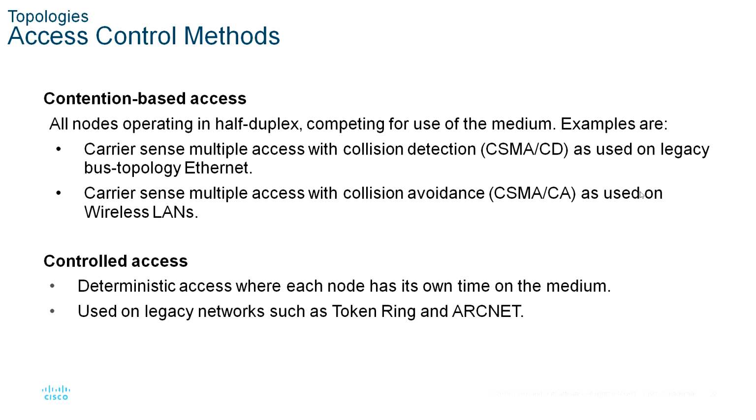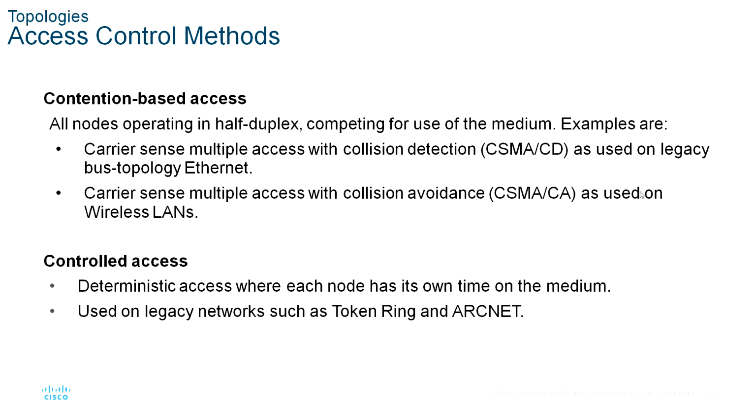Now you can see the first one, contention-based access. In contention-based multi-access networks, all nodes are operating in half duplex, competing for the use of the media. However, only one device can send at a time.